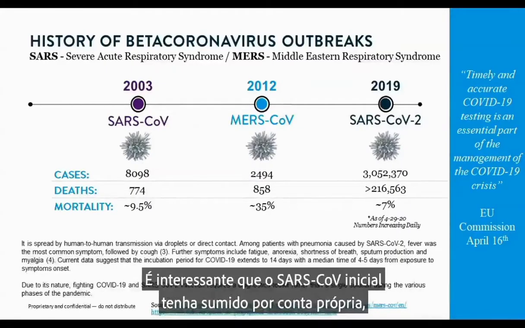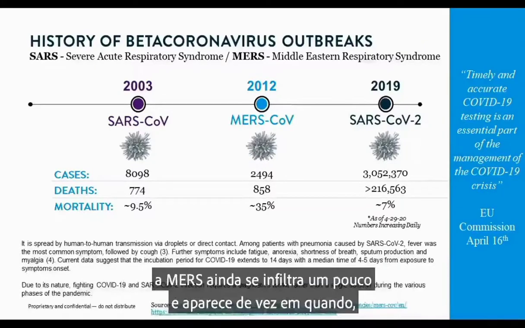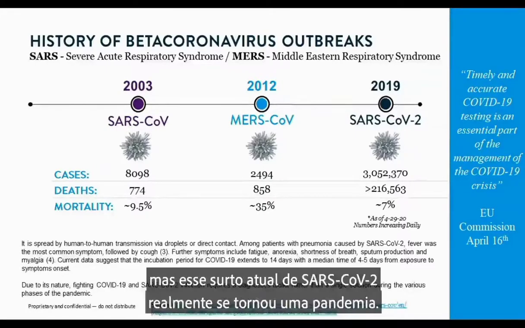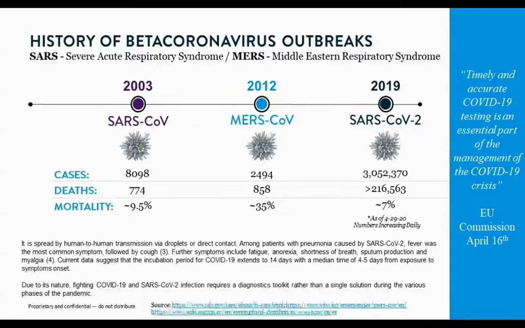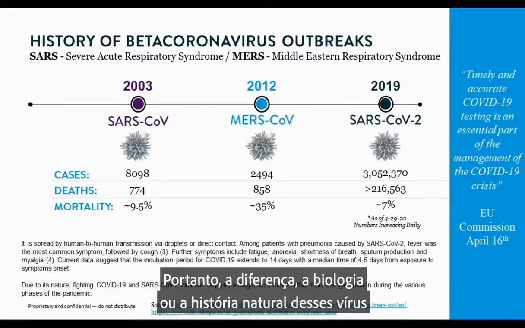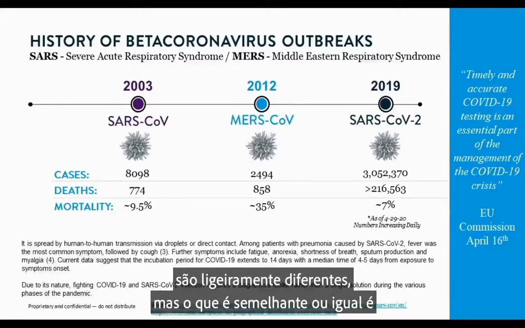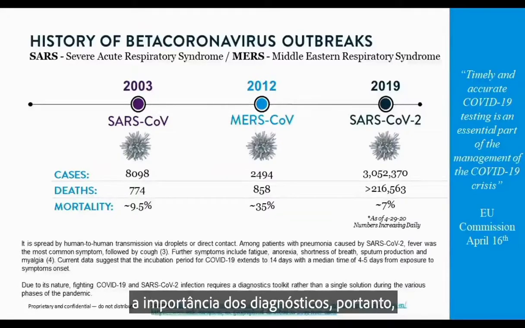I think it's interesting that the initial SARS-CoV did burn itself out. MERS still kind of percolates a little bit and pops up every now and again. But this current outbreak of SARS-CoV-2 has really become a pandemic. So the different biology or natural history of these viruses are slightly different, but what is similar or the same is the importance of the diagnostics.